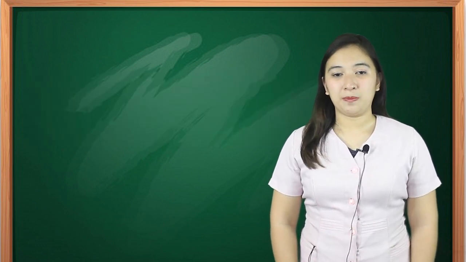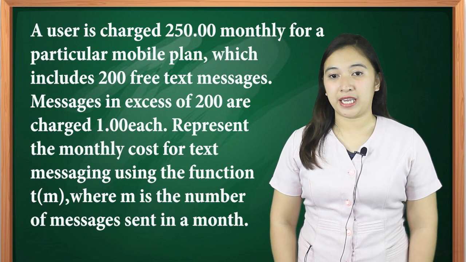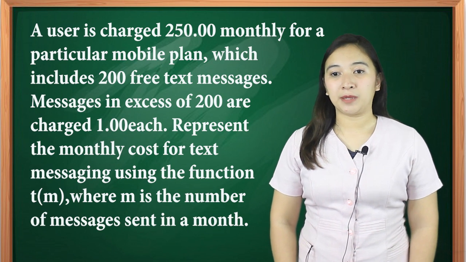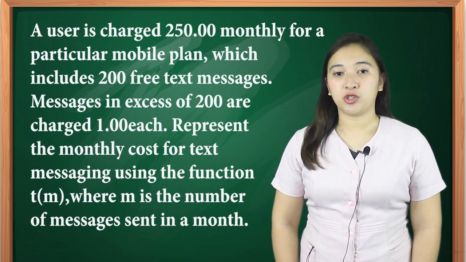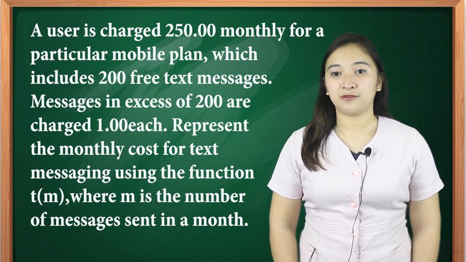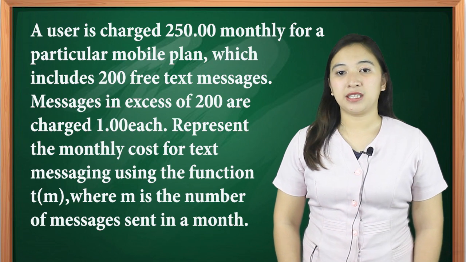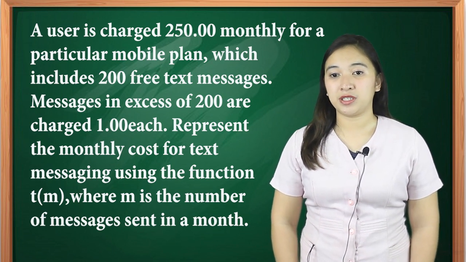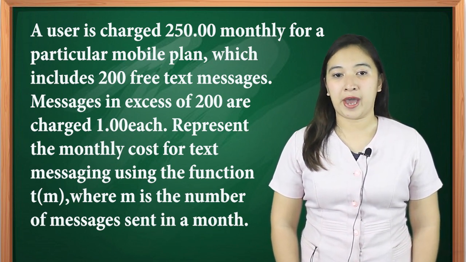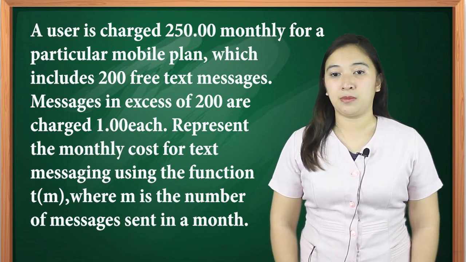Look at this example. A user is charged 250 pesos monthly for a particular mobile plan, which includes 200 free text messages. Messages in excess of 200 are charged 1 peso each. Represent the monthly cost of text messaging using the function T(m), where m is the number of messages sent in a month.